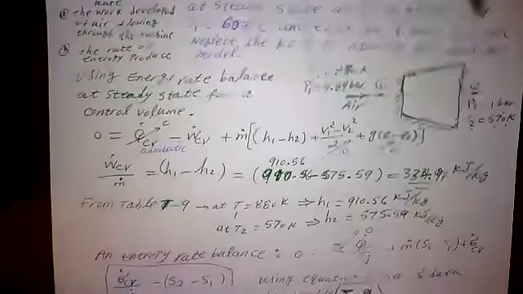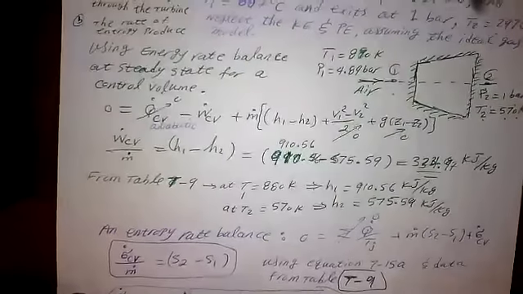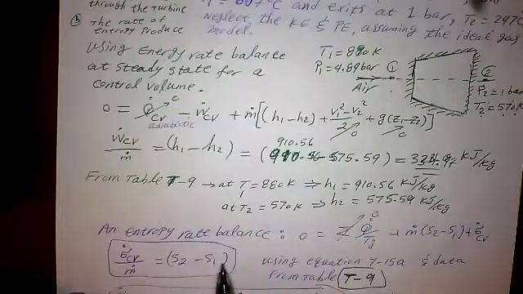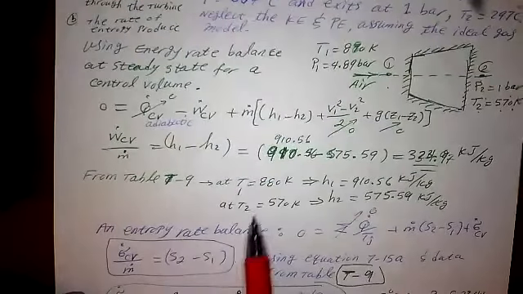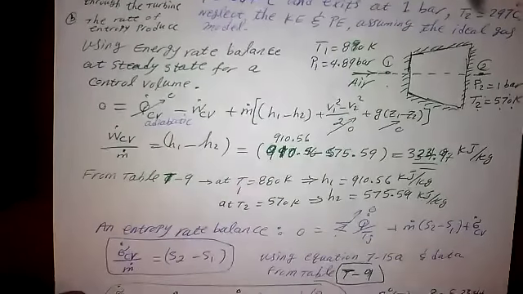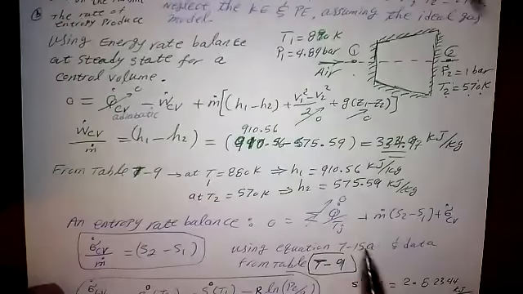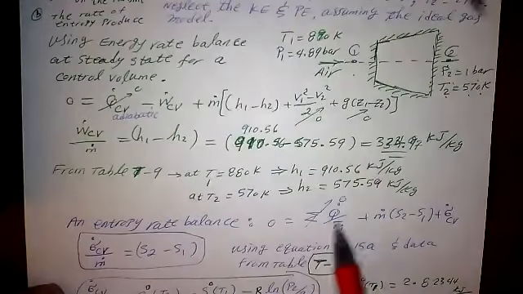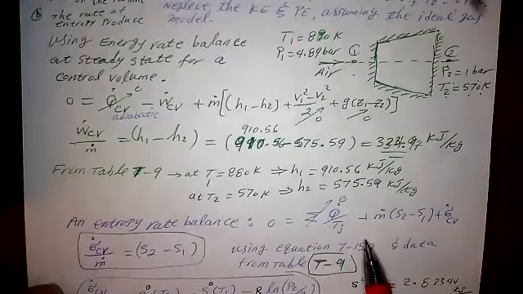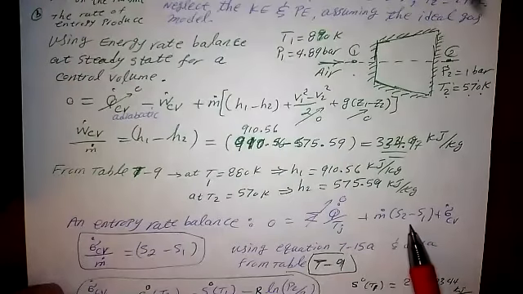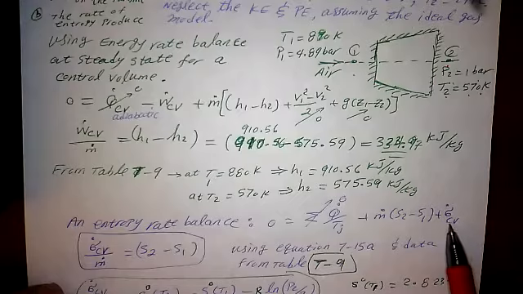Now the interesting part is this, an entropy rate balance. This was the energy balance formula, and this is the entropy rate balance formula. It is the summation of Q dot over T_j, the indicators, plus m dot times the change in entropy, plus the rate of entropy production, sigma dot CV.